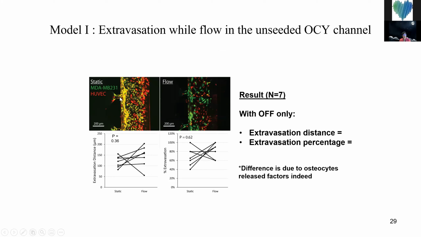We measure the distance the cancer cell travels, and also the percentage, how many channels will be occupied by the cancer cells. And for both, we don't see any difference between the static group and the flow group. So we can conclude that what we observe in terms of difference between the flow group and non-flow group in extravasation distance and extravasation percentage is indeed caused by outside under mechanical loading released cytokines or signaling molecules.